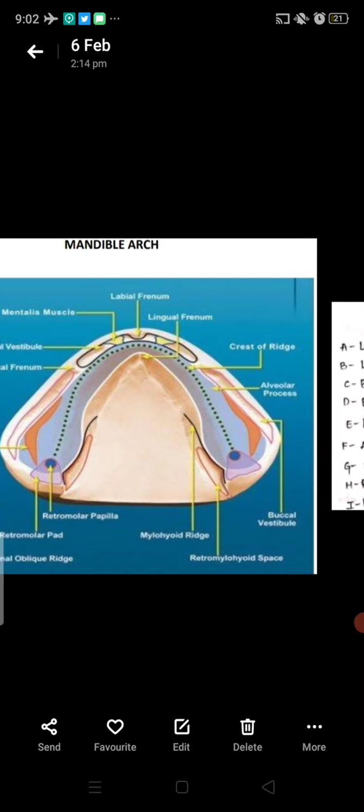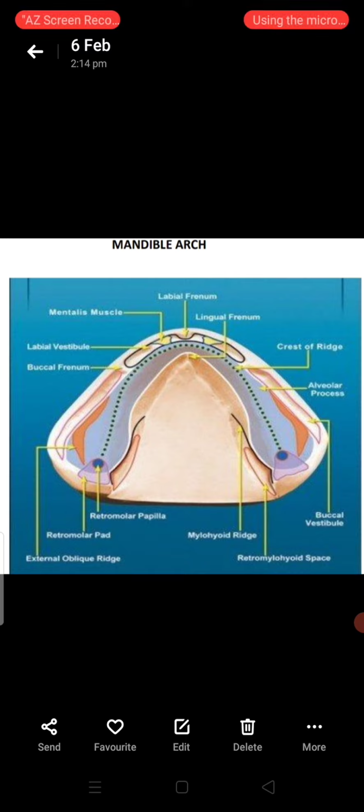Now look at this diagram. Anteriorly there is the labial frenum, labial vestibule, buccal frenum, buccal vestibule, lingual frenum, alveolo-lingual sulcus, and crest of alveolar ridge, alveolar process, and buccal vestibule, retromylohyoid space, and mylohyoid ridge, retromolar papilla, retromolar pad, external oblique ridge.